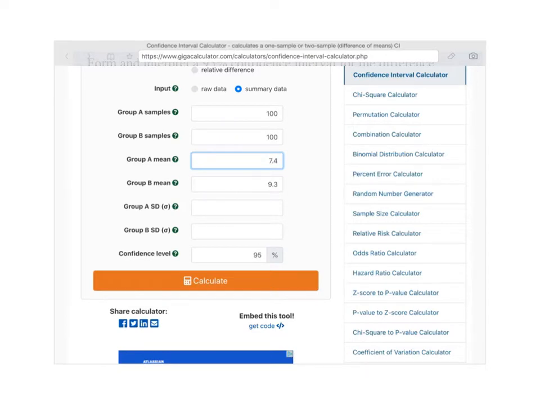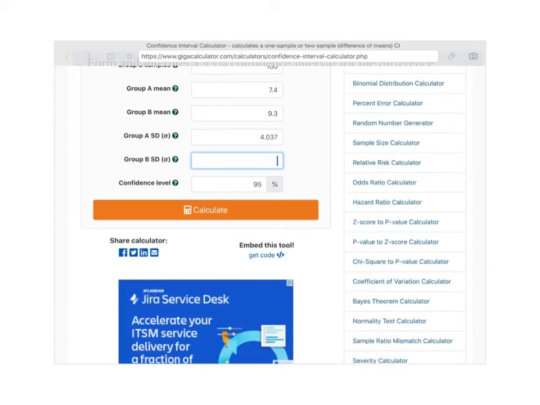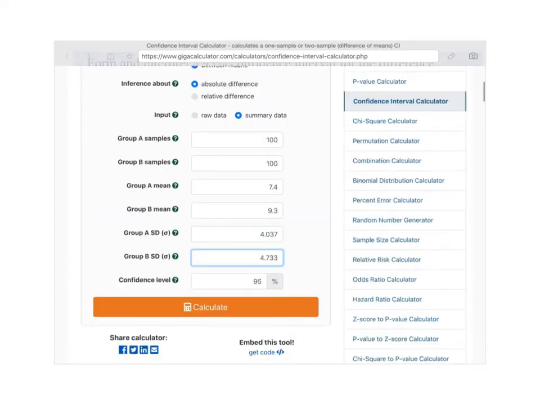And so then just fill in the data correspondingly. So for group A, the mean was 7.4. What was the standard deviation for group A? Double check. 4.037. And then for group B, the standard deviation was 4.733. And the confidence level for number 1 was 95%, so I'm going to leave that the same. Okay, so I have everything filled out.